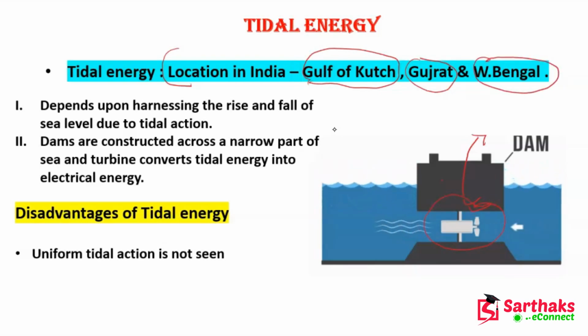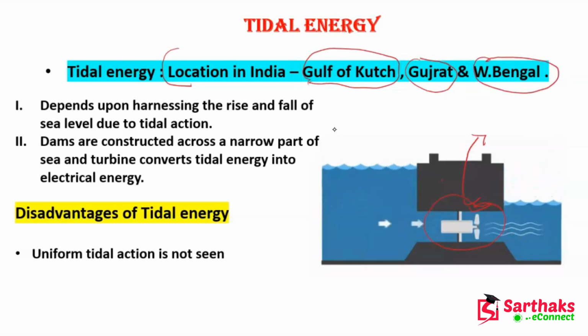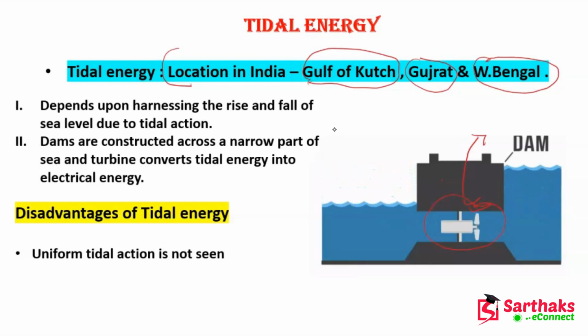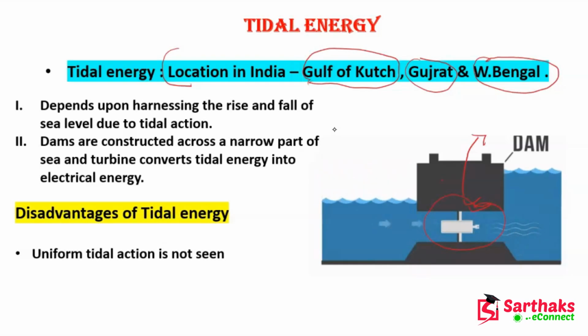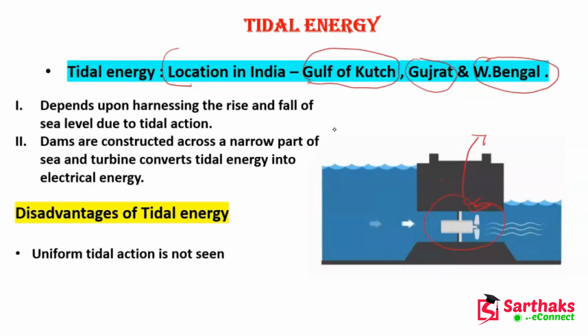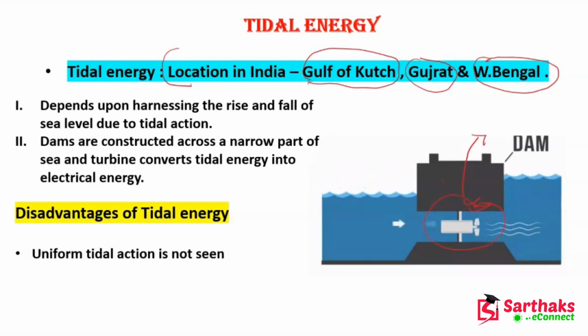In these coastal areas, we can use the tidal energy to convert mechanical energy into electrical energy, which simply means we can use this energy to rotate the turbine, and due to the rotation of this turbine, electricity is generated. I hope this point is clear to you.